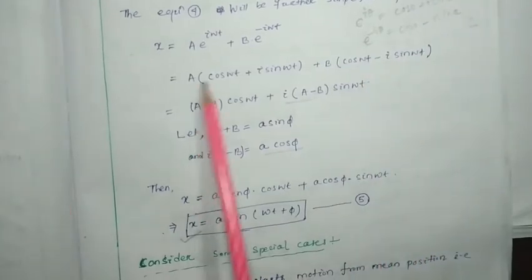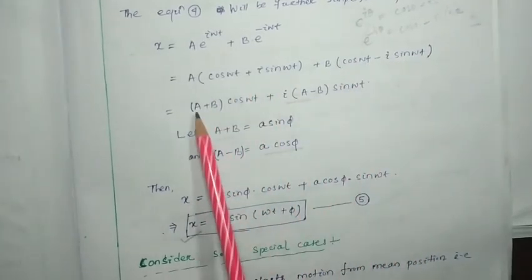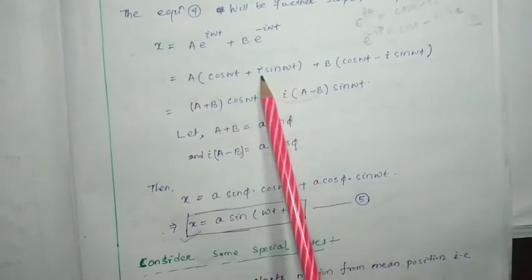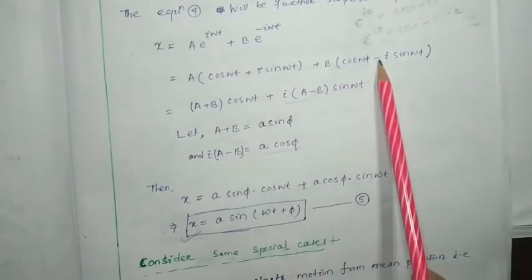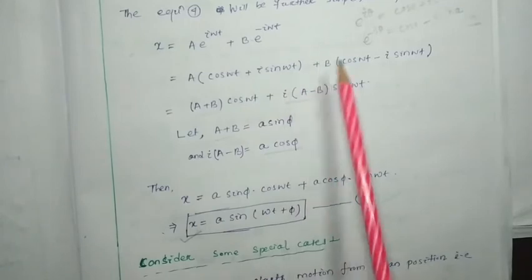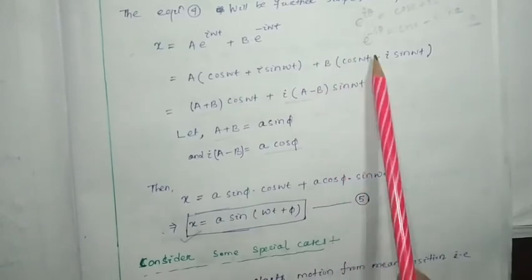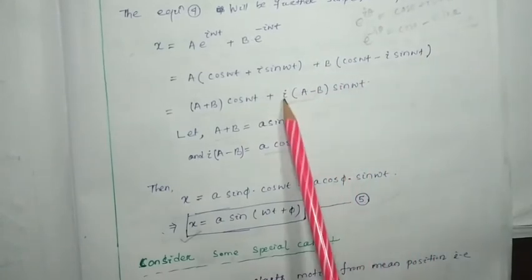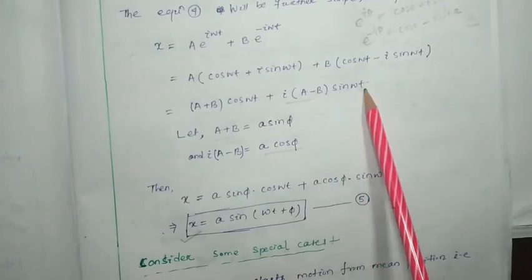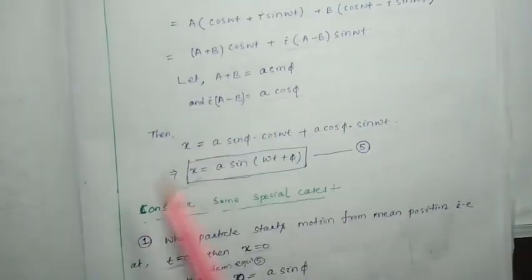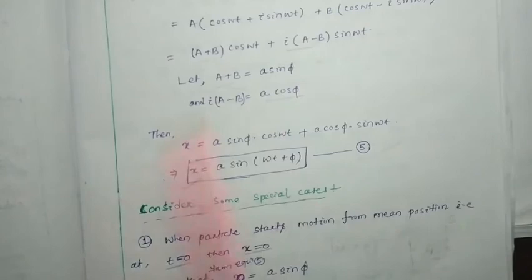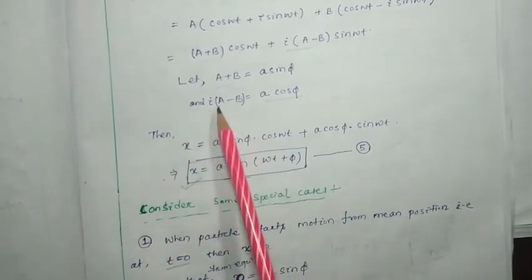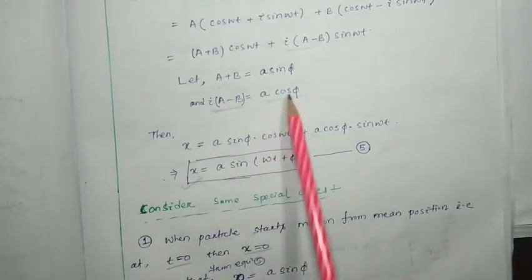So here a cos omega t, b cos omega t, we can write a plus b cos omega t. Here I a sin omega t minus I b sin omega t, we can write I times a minus b sin omega t. Okay. Now let a plus b equal to A sin phi and I times a minus b equal to A cos phi.